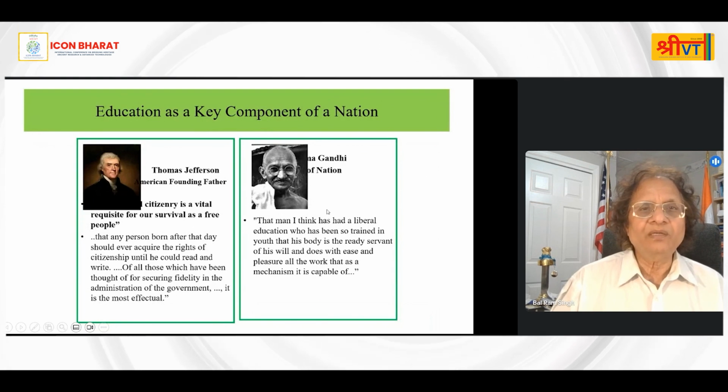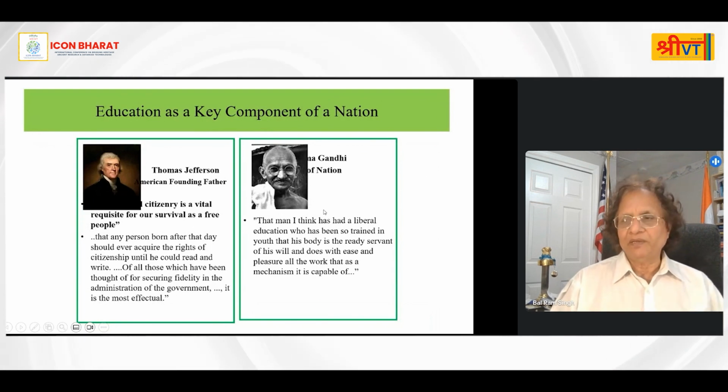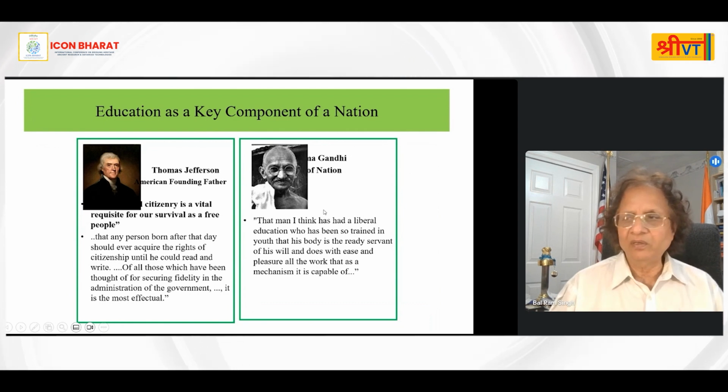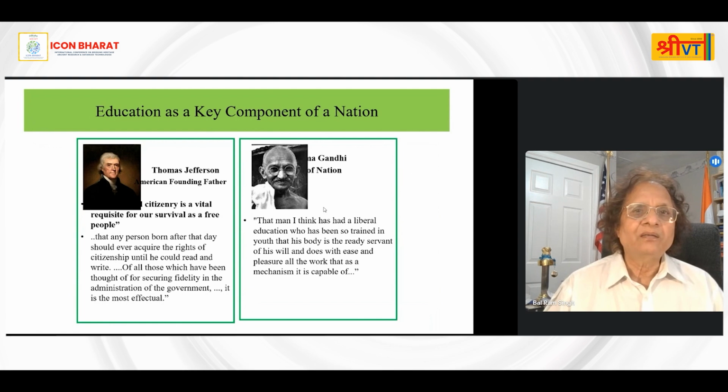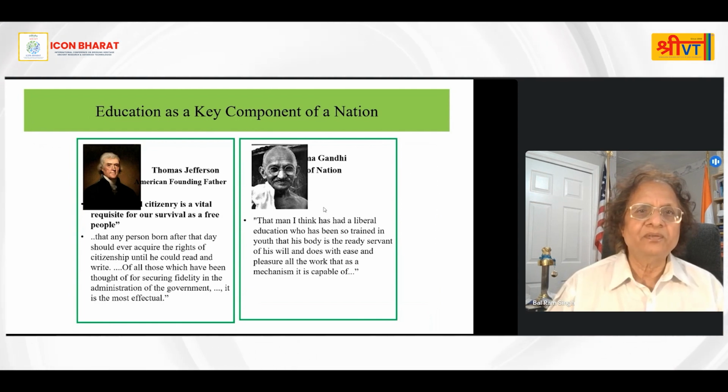On the other hand, what is education, for example, in India versus in the Western world? I think it's important to pay attention to that. I'll give you two examples here. Mahatma Gandhi was known as father of the nation, and Thomas Jefferson is also known as an American founding father. They have very different kinds of requirements or views.